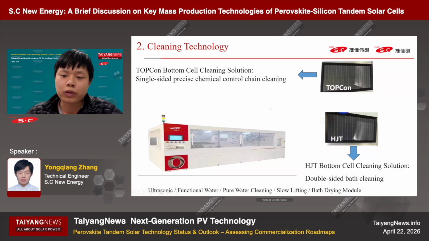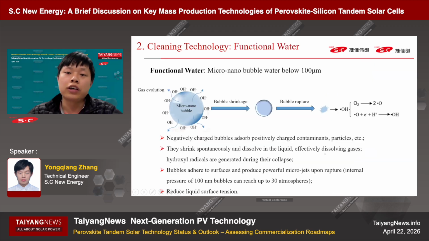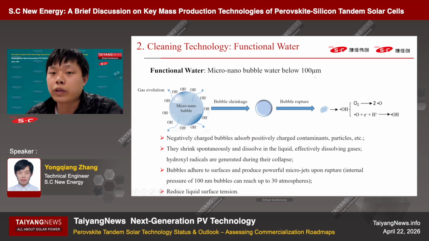This cleaning process includes ultrasonic, functional water and pure water cleaning, slow lifting and a fast drying module. Here I would like to highlight the functional water, also named micro nano bubble water, below 100 micrometer.